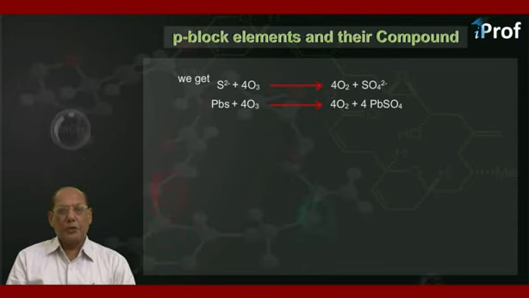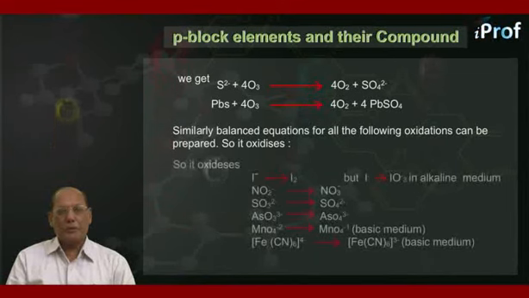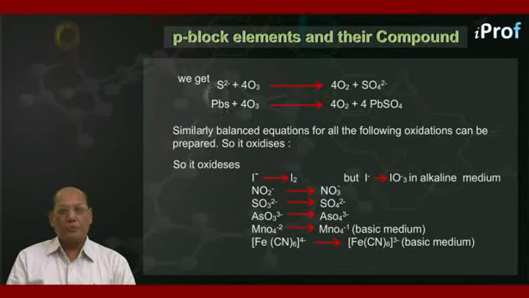Similarly, balanced equations for all the following oxidations can be prepared. So it oxidizes I⁻ into I2, but I⁻ changes into iodate in alkaline medium; nitrite into nitrate, sulfite into sulfate, arsenite into arsenate, manganate into permanganate, but this takes place in basic medium.